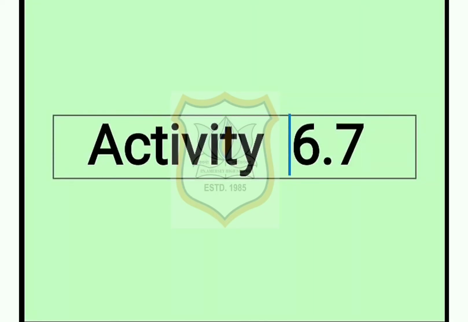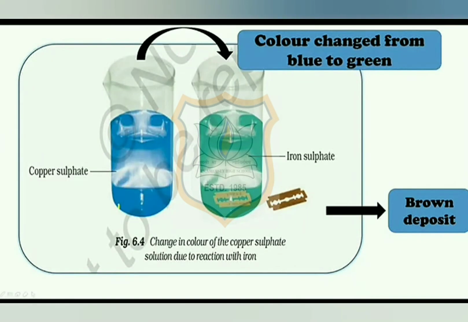Now we will discuss activity 6.7 to show that the change noticed on putting an iron blade in copper sulfate solution is a chemical change. Dissolve about a teaspoonful of copper sulfate, that is blue vitriol or Neela thota, in about half a cup of water in a glass, tumbler or a beaker.